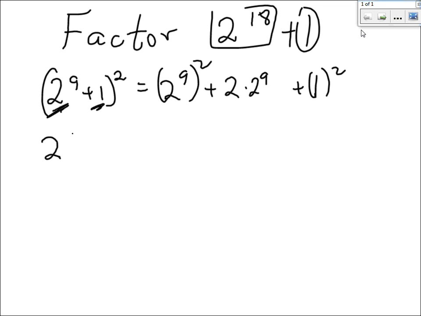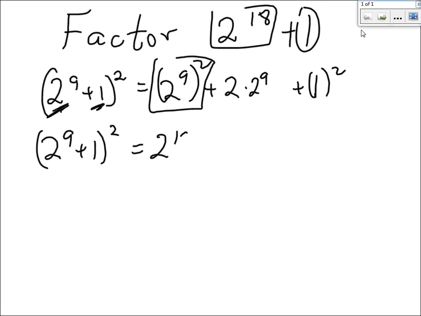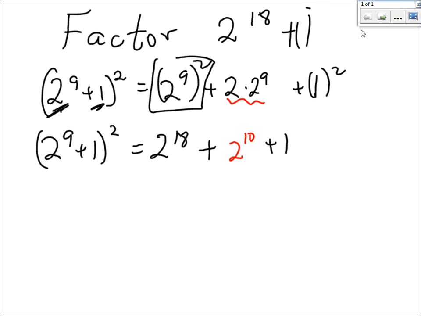So what we have is 2 to the 9th plus 1 squared is equal to 2 to the 18, plus 2 to the 10th, plus 1 squared, or 1. So we have on the right side the pieces that we do want, namely 2 to the 18 plus 1.